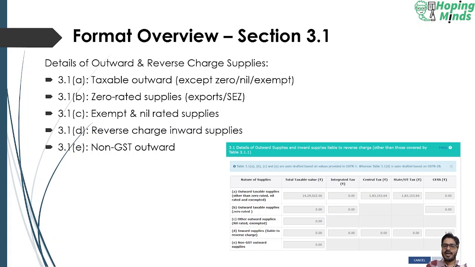For example, a trader who is trading in petroleum products or alcohol for human consumption, and along with this he is also trading in some taxable goods, for example lubricants or maybe some snack items, then the taxable products will be declared in table 3.1a, whereas those products that are not within the ambit of GST like petroleum or alcohol intended for human consumption shall be declared in the non-GST outward supplies, that is in table 3.1e.